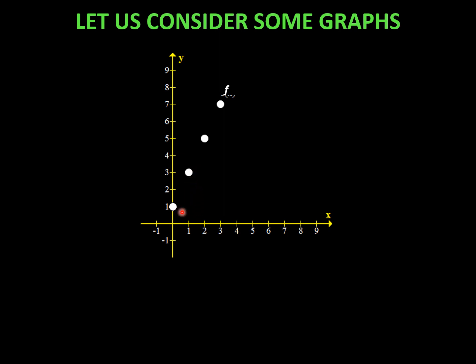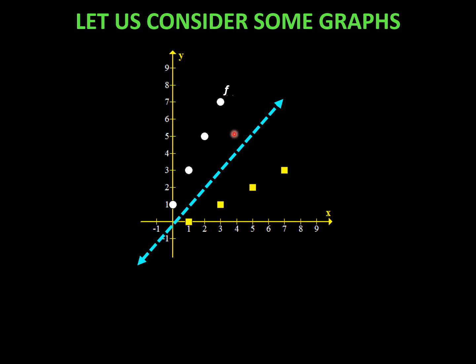Now, if we want to find the inverse, we have to change all the x's to the y's. In other words, we need to reflect this in the line y equals x. So there I have 3 and 7, so I'll get 7 and 3. Let's plot those points. There's 7 and 3, and that was 2 and 5. This is 5 and 2, and that was 1 and 3, and this is 3 and 1, and that's 0 and 1, and that's 1 and 0.